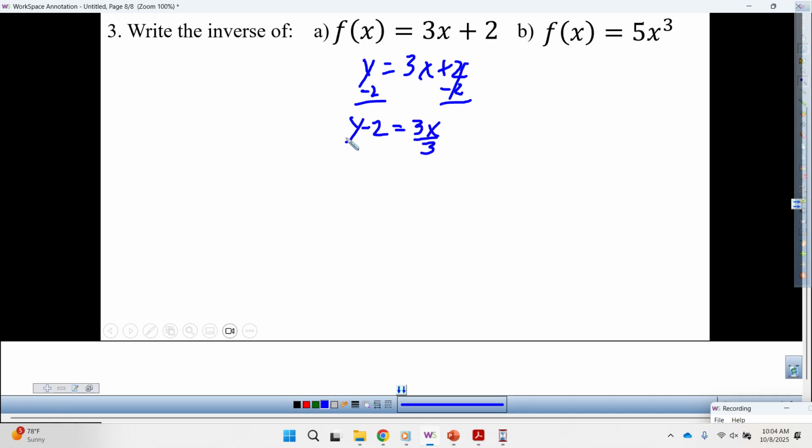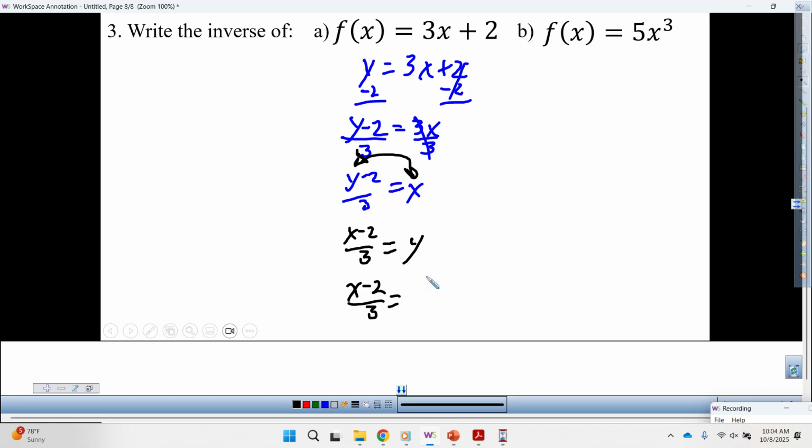Divide by 3. y minus 2 over 3 equals x. Exchange the variables. So we end up with x minus 2 over 3 equals y, or x minus 2 over 3 equals f inverse of x.